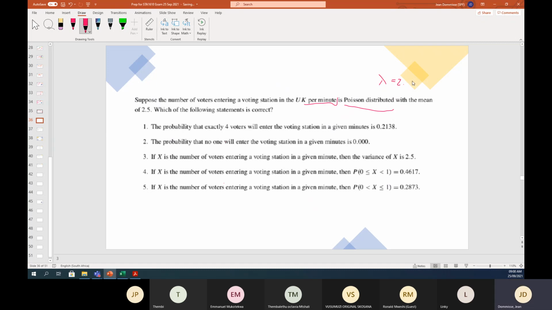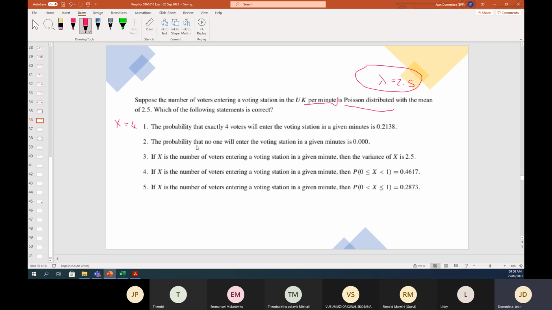Okay, the mean is 2.5, so we know the lambda is 2.5. And then they ask us, what's the probability that exactly x equal to 4, we will go to the table for that.